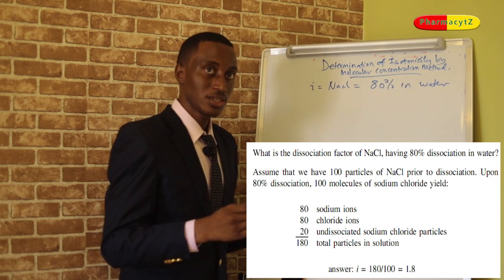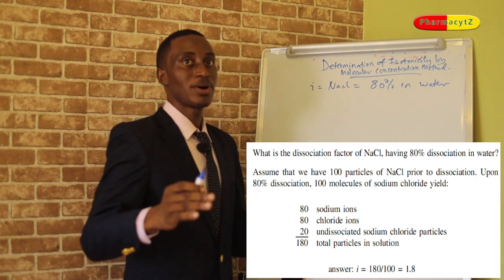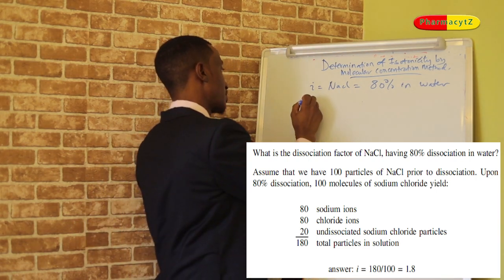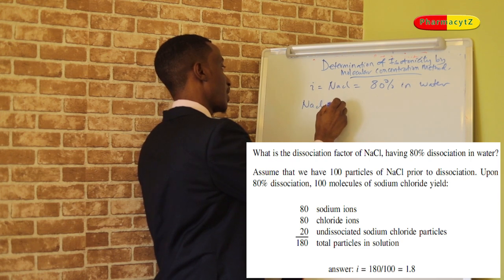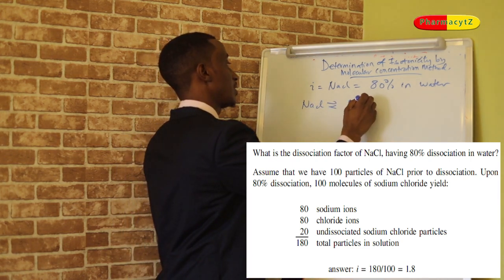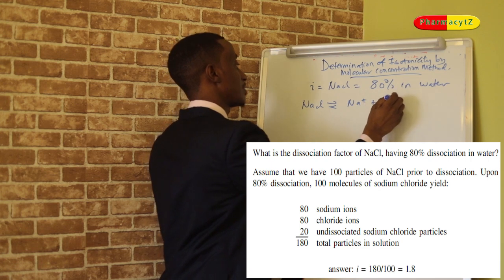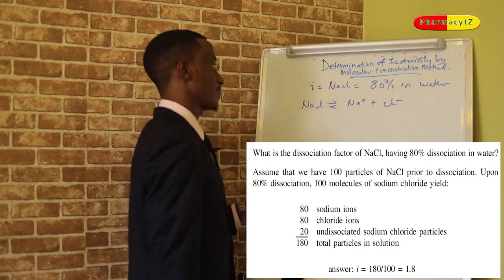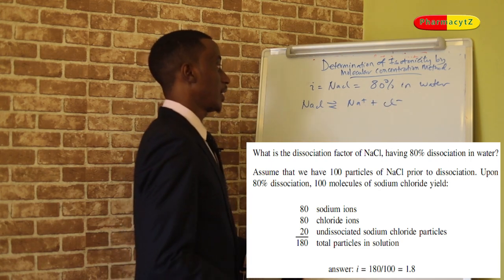Dissociation means there is a separation of particles. If we separate sodium chloride, this electrolyte, after dissociation it's separated into sodium particles plus chlorine particles, and that is 1, 1.